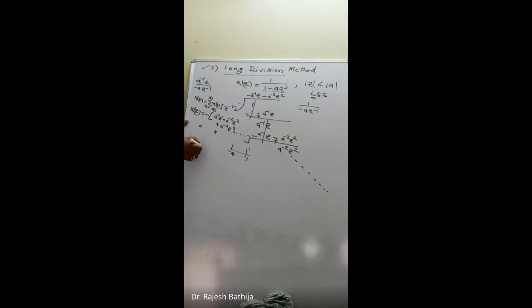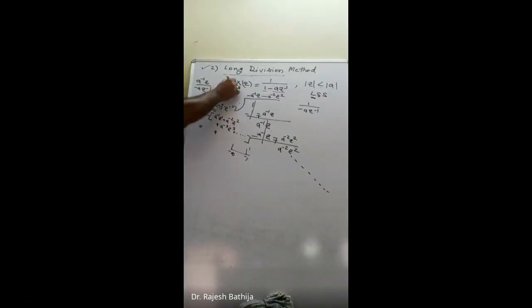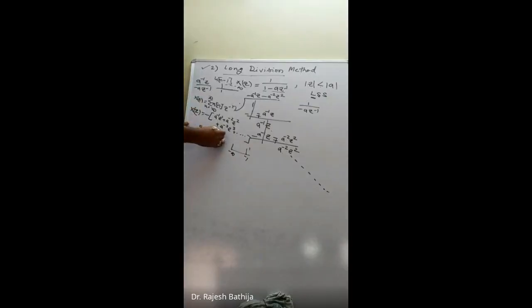U of n minus 1 will start from 1 to infinity. In place of n, I have to write minus n here, so that it will be reflected in this form. So it will be u of minus n minus 1.